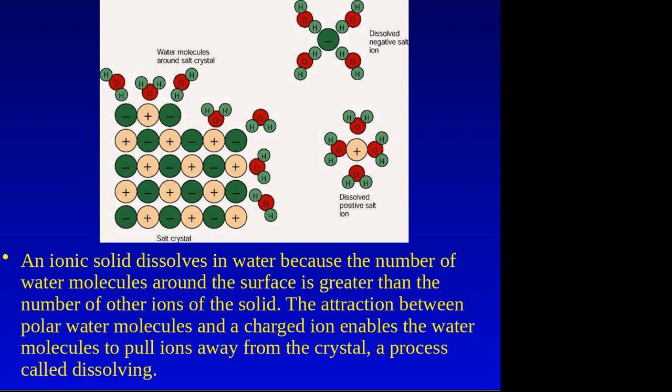And so ionics dissolve in water because the water molecules go around the surface, and there's more of them, and the polar water molecules pull at the ions, and they pull at the ions, and they pull at the ions. And so the water flows around it. It's polar, its positives and negatives dance around, and the positive side of the water molecule goes to the negative side of your crystal and says, hey, come over here.